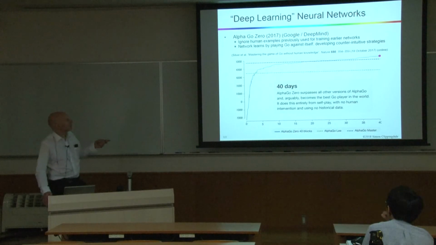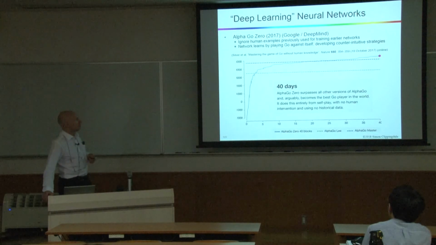I'm not sure exactly what the measure was, but essentially after this many epochs of training, it superseded this previous version, which had beaten this Go master called Lee, and then after a bit more training, it managed to beat the performance of another version that had beaten this other Go master, and eventually surpassed the performance of any known human master.